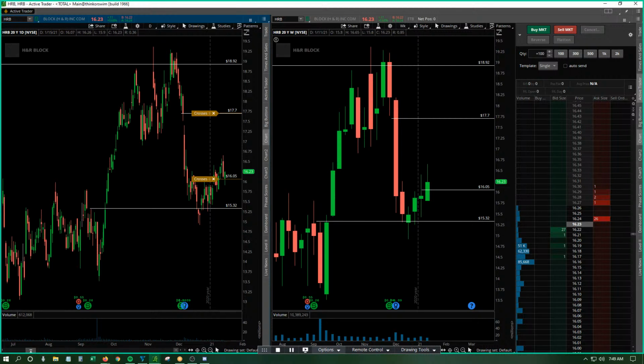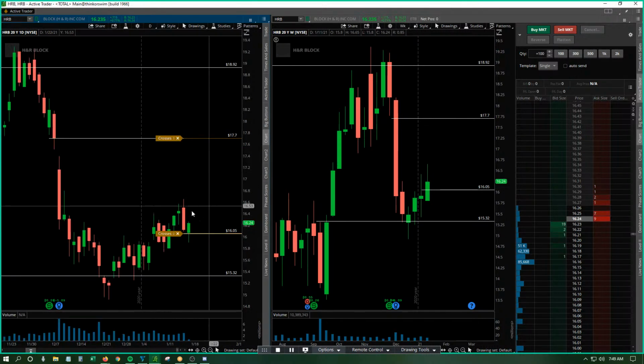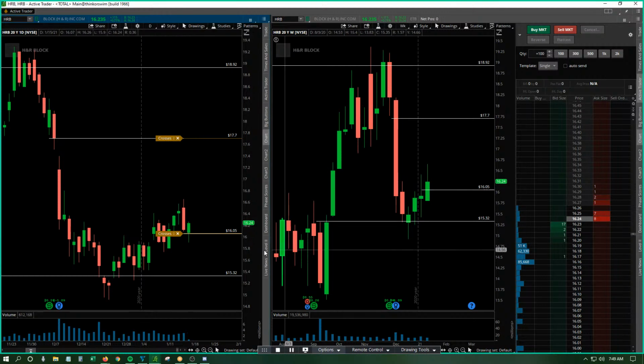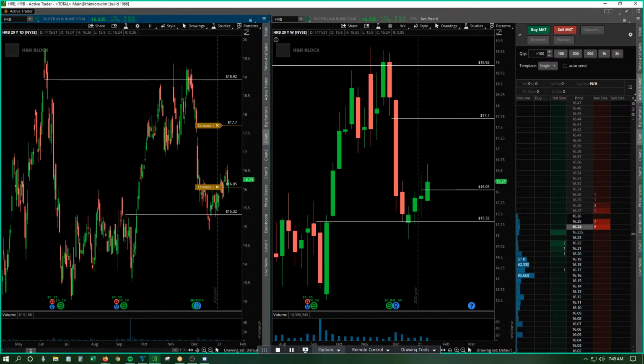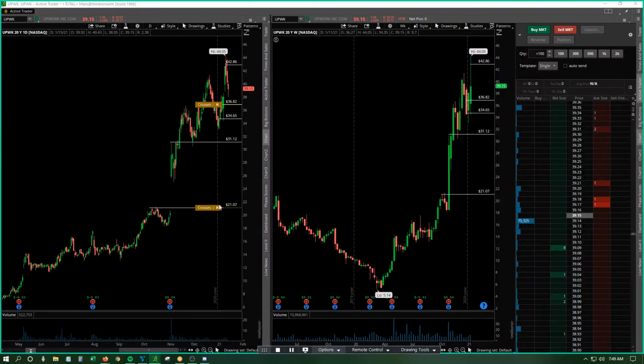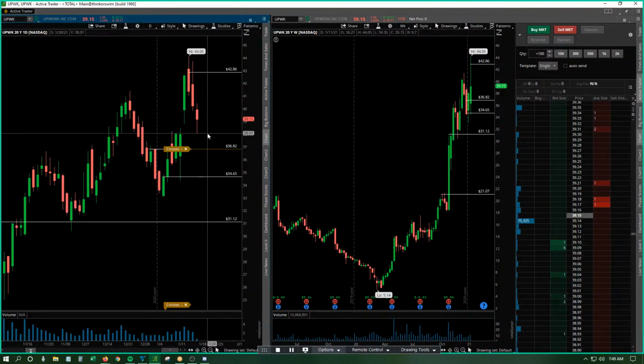1605. These alerts. You can see the alert, it didn't even go off. I don't get it. Oh, thinkorswim. Sometimes you drive me nuts. Oh, Upwork. Did we not get alerted on Upwork? That was a gap fill on Upwork at 38.